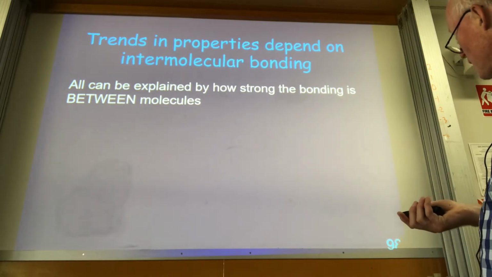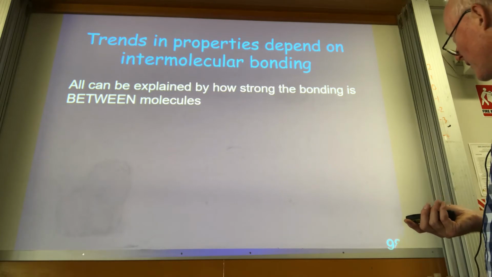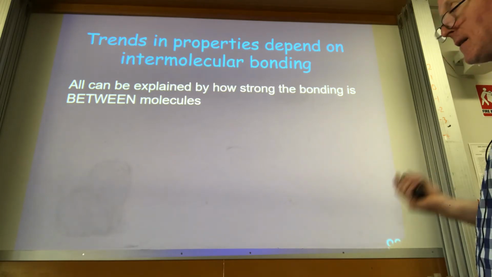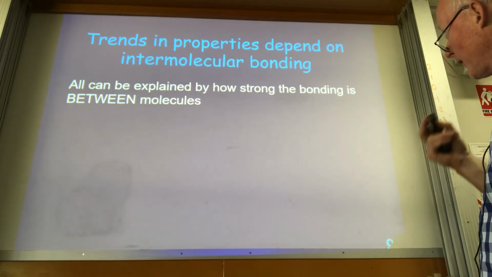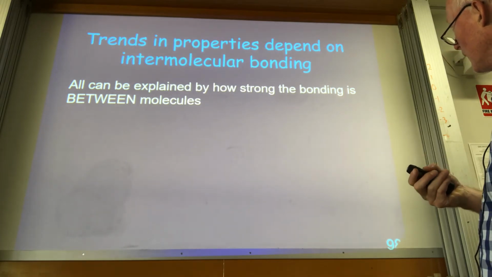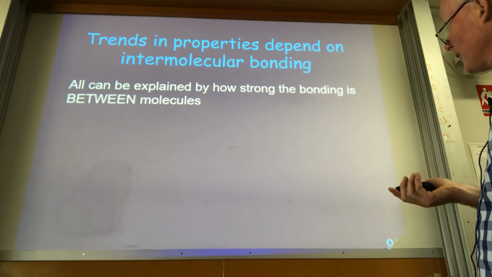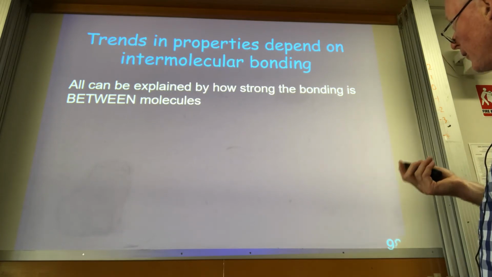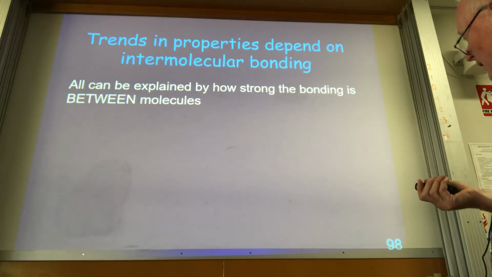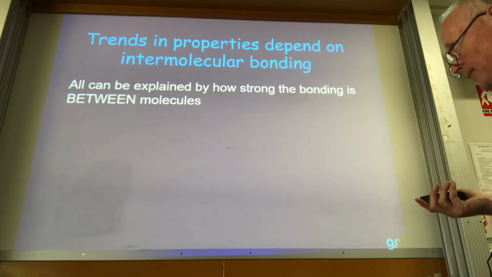We need to just quickly revise our intermolecular bonding, because it's like we found early on in the year with the fuel stuff. All the interactions between molecules can be explained by the strength of intermolecular bonding.